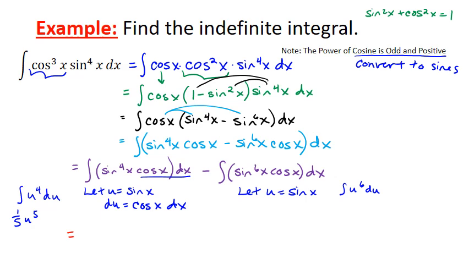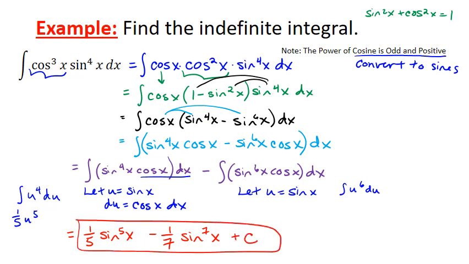So when all is said and done after these u substitutions, you should have 1/5 sine of x to the 5th minus 1/7 sine of x to the 7th plus c for the final answer. So the hard part, once again, is the algebra or the trig that is involved to rewrite the integrand so that it becomes something that you can integrate.